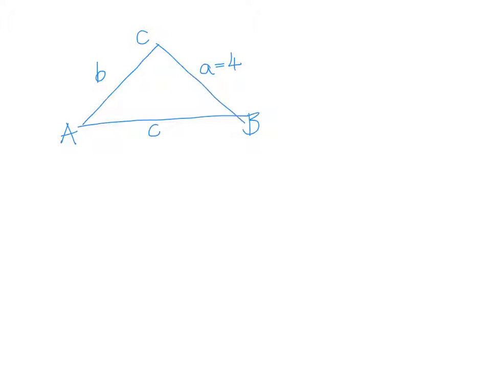I've got that that's 4, I've got that that's 32 degrees, I've got that that's 13, oops, I'll say that it's 41 degrees. Okay, and what I'm going to do is say that I want to know what B is. Alright, I'm going to say that B is equal to X.